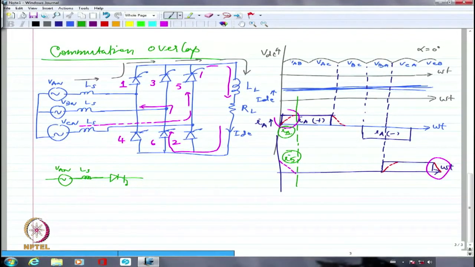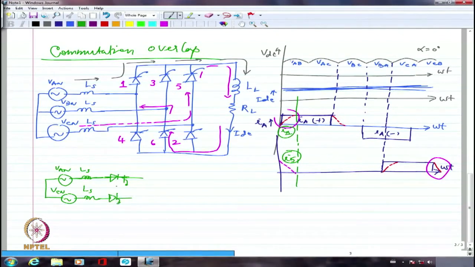Now this is conducting. I will have VCN. Please note I am writing VCN. This is LS. This is 5. This is 1. Both are conducting. So A phase as well as C phase, both are active.